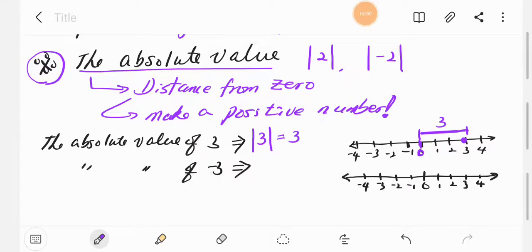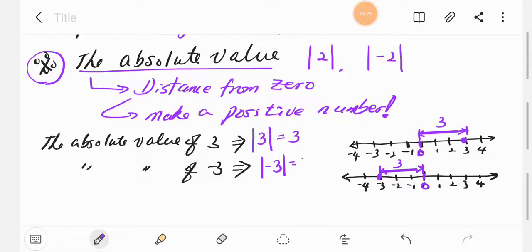How about the absolute value of negative 3? Here's negative 3, and you put the absolute value symbol around it. You're at negative 3, and here is 0. The distance from 0 to negative 3 is 3, right?